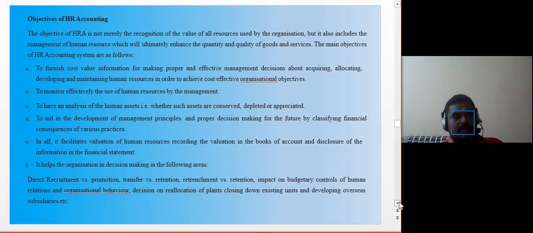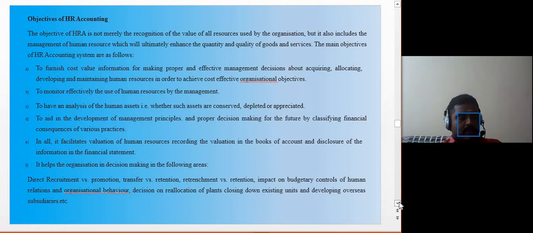Objectives of human resource accounting. The objective of HRA is not merely the recognition of the value of all resources used by the organization, but it also includes the management of human resources, which will ultimately enhance the quantity of goods and services.